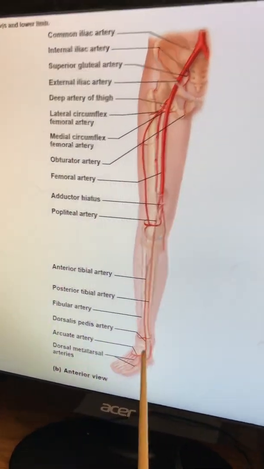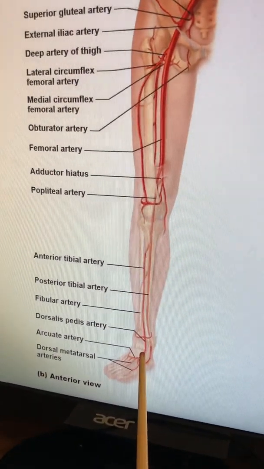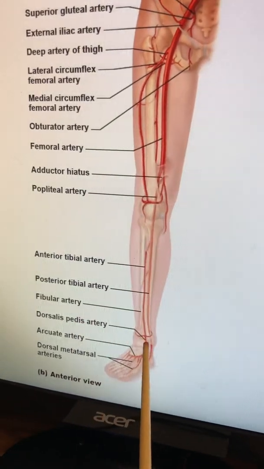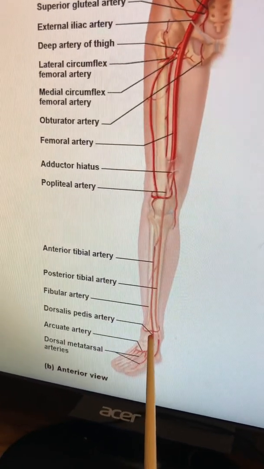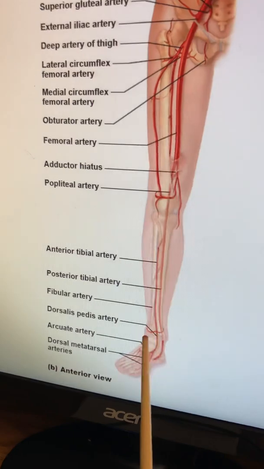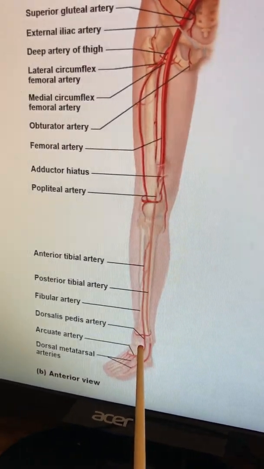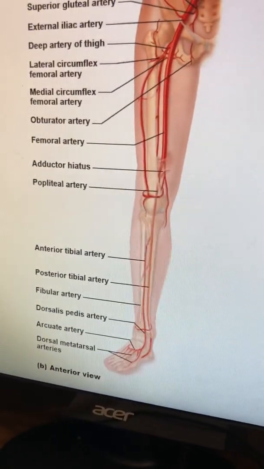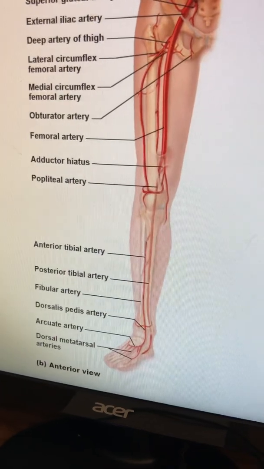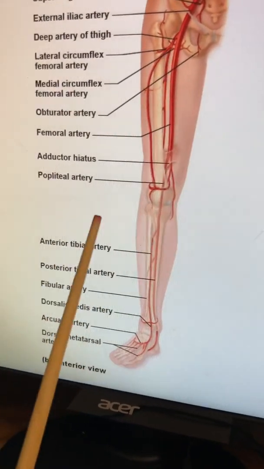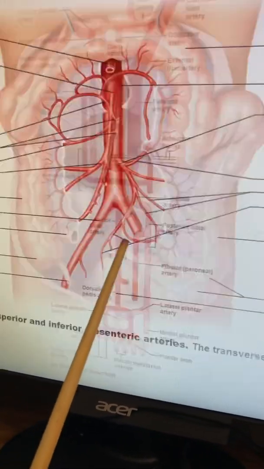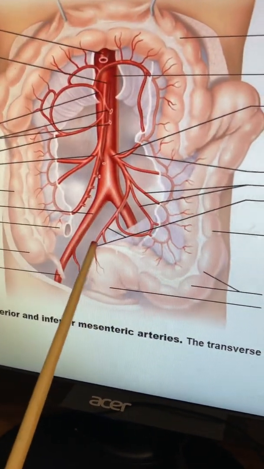And then finally, as you get down to the bend at your ankle, the artery that is palpated to do a peripheral pulse check would be the dorsalis pedis artery. So that is on both sides. They're just showing you the right side here, but I'm going to go backwards just so you can see where it is.